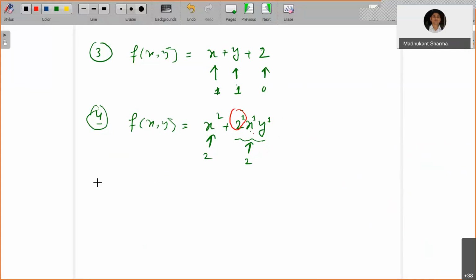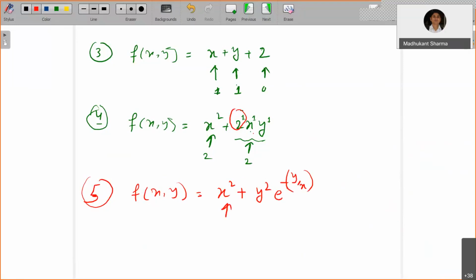Okay, so now one more example I can take, a very special type, let me have this: x square plus y square times e to the power minus y by x. Okay, let me take this example here. Now, if you look term-wise, x square is of degree 2.